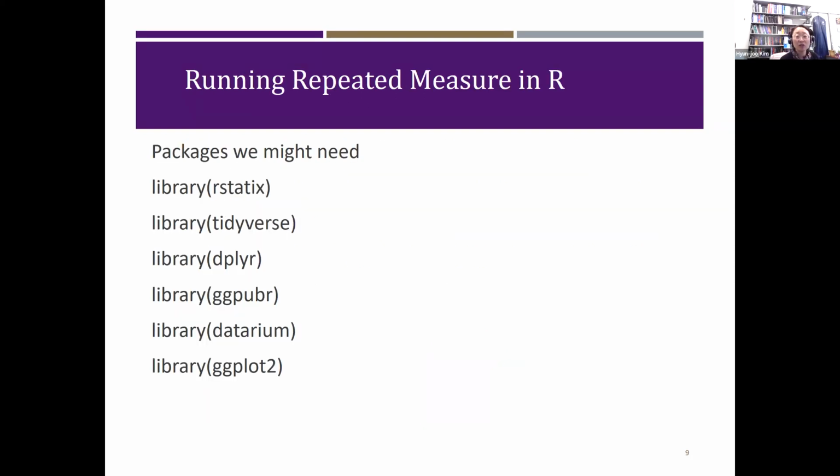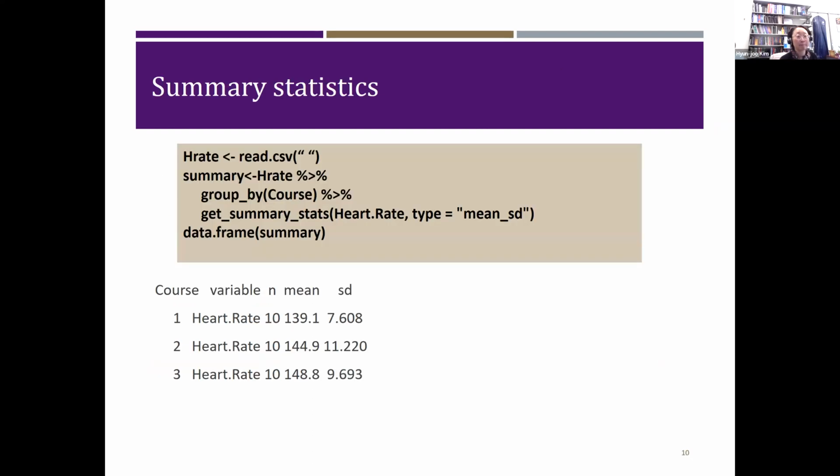To run repeated measure ANOVA and other summary statistics, we can install and load the following packages. First, we import data using the import button on RStudio. The data set is available with the module, and you can first save it in your own folder and import it using the read.csv function, which is automatically generated from the import button.